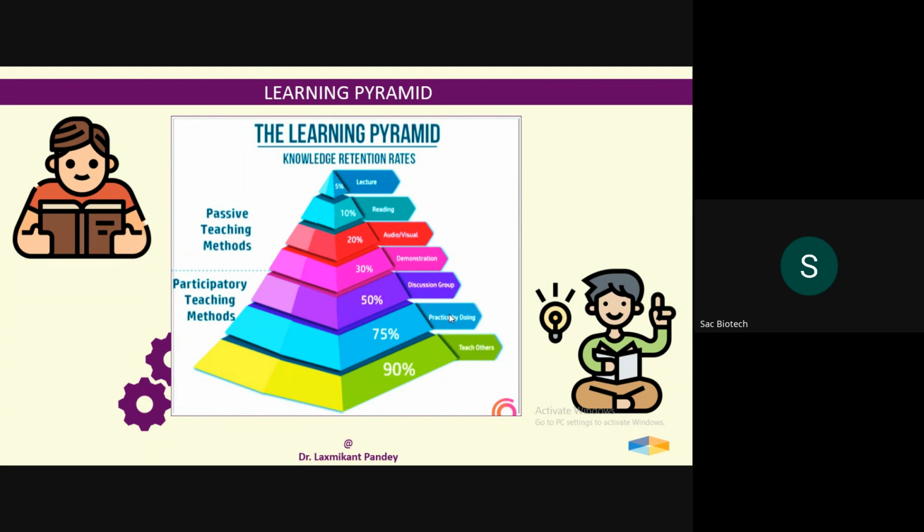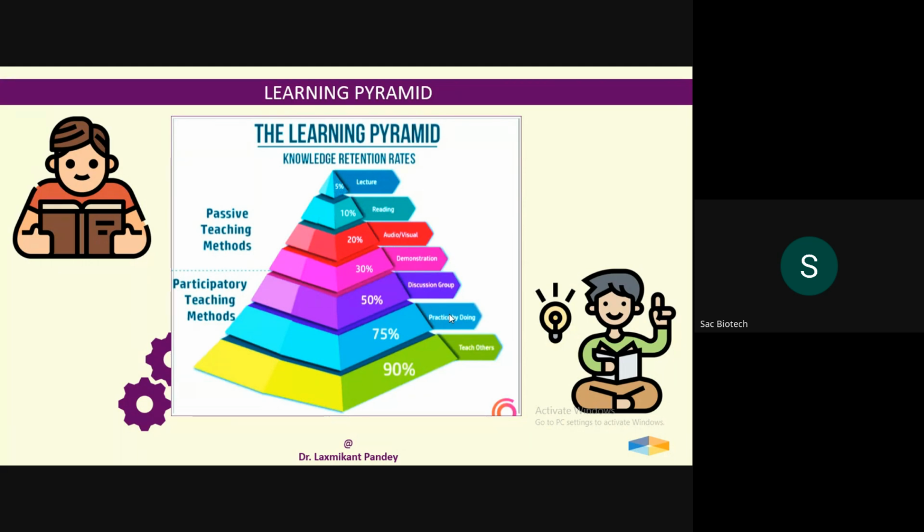As you can see in this pyramid, if you're using the lecture method for teaching, only 5% of the knowledge is retained by students. If they are reading, they can retain 10%. Similarly, for audio-visuals, where they are listening and seeing something, they can retain 20%.